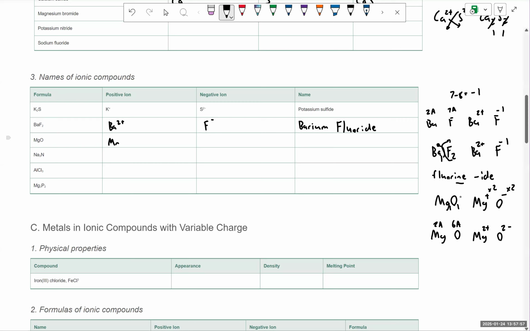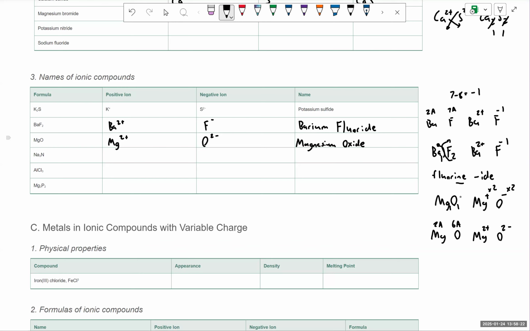So, for example, magnesium would be Mg2 plus, oxygen would be O2 minus, and this would be named as magnesium oxide. Instead of oxygen, it's named as oxide. Okay, so with this example in mind, you'll complete the rest of this table.